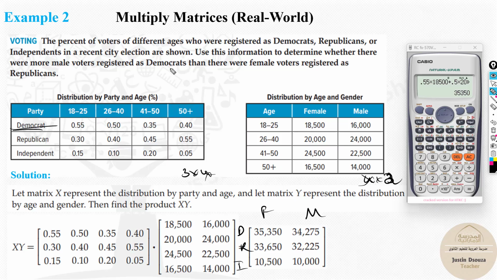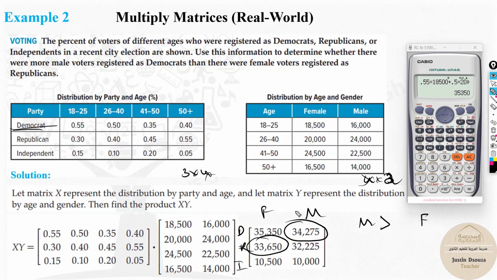And what is asked in this question? How many more male voters registered as Democrats? Male voters as Democrats over here. This one, than female voters as Republicans. That means compare these both. Yes, the male voters were greater than the female voters in the Republicans.